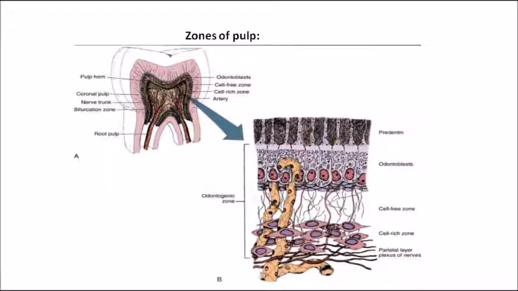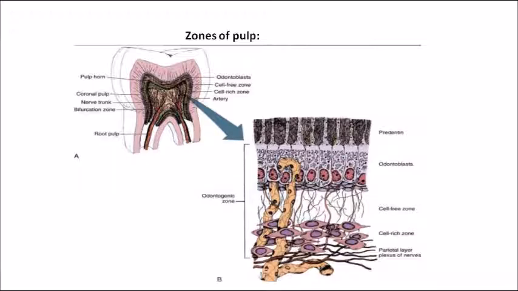There is one more thing we should know: the parietal layer lies in the cell rich zone and has the plexus of nerves, called the plexus of Raschkow. Basically, you should know that the cell free zone, also called the zone of Weil, is there. Second, the cell rich zone consists of many cells, fibroblasts and others.